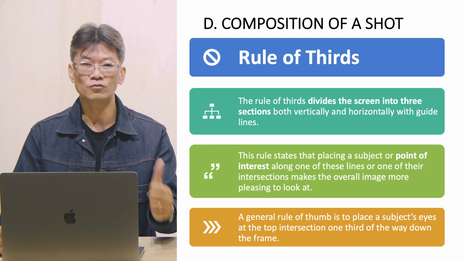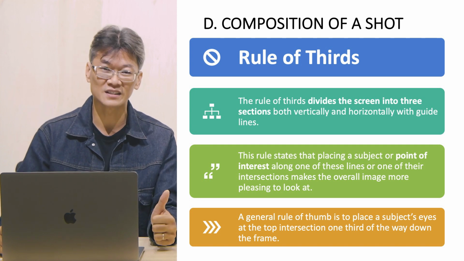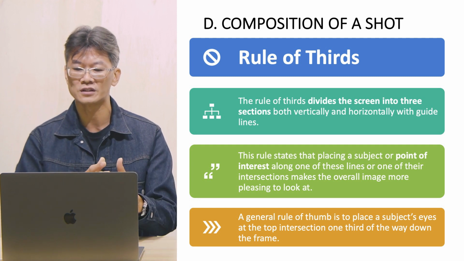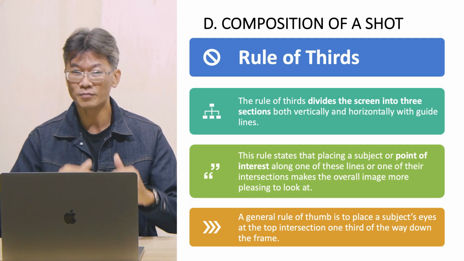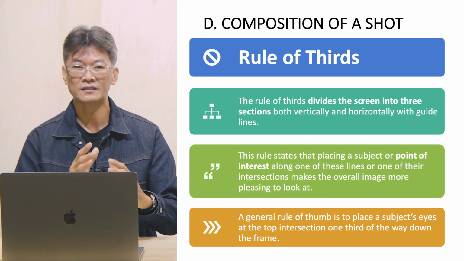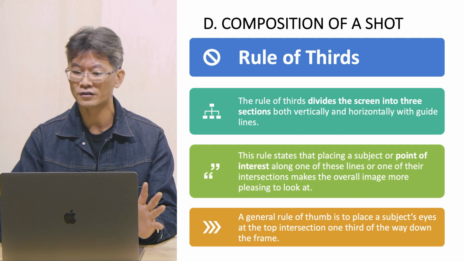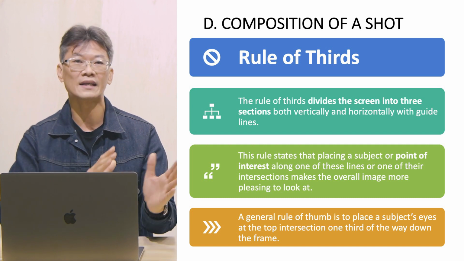The basic rule of thumb would be the rule of thirds. Rule of thirds simply divides the screen into 3 sections: top, middle, bottom, left, center, and right. And this division, like a tic-tac-toe kind of image, is your guideline.